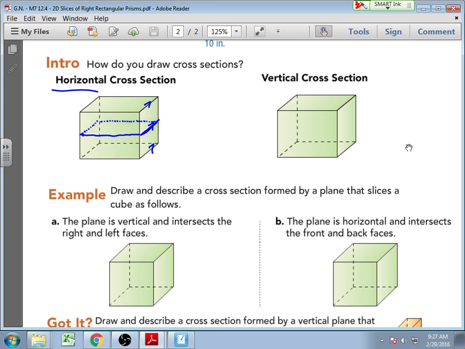Remember, we can see the front, the top, and the right. I know, but now we're going vertical. So now I start vertically on the front because I can see the front.